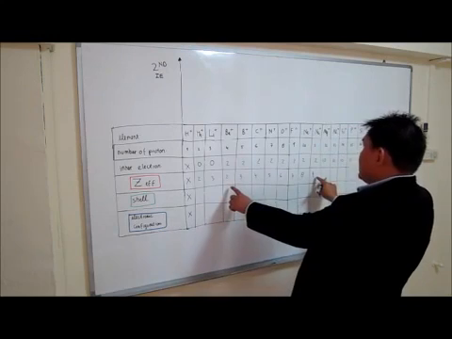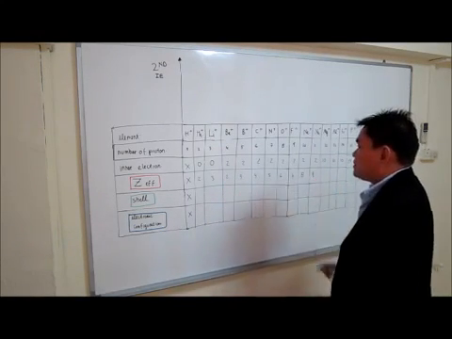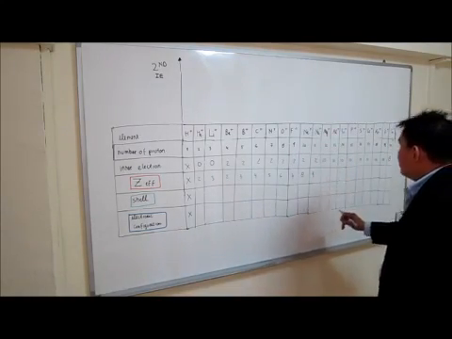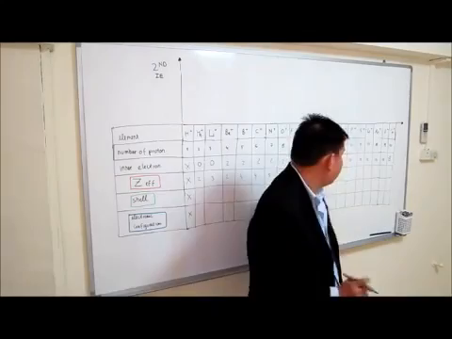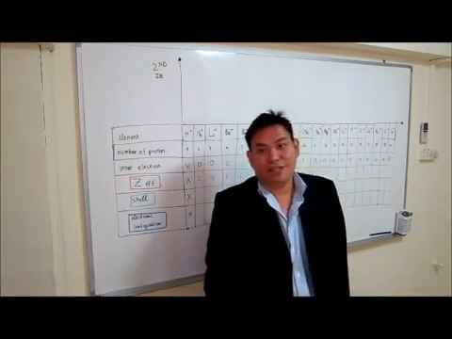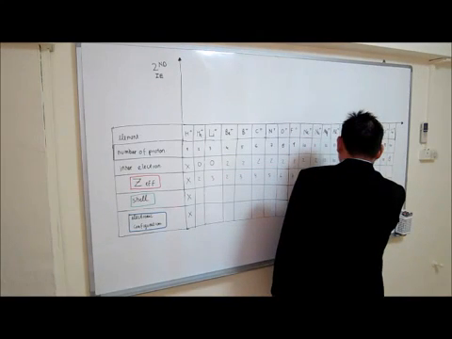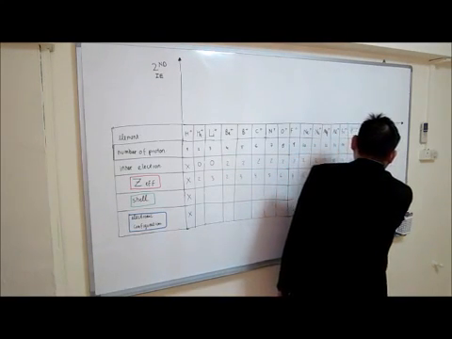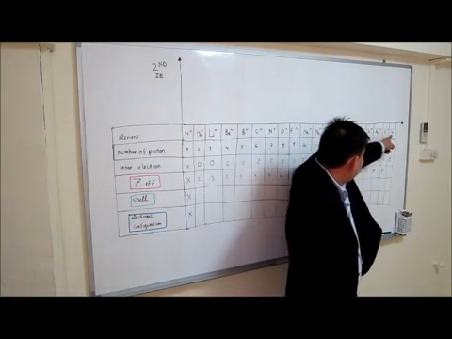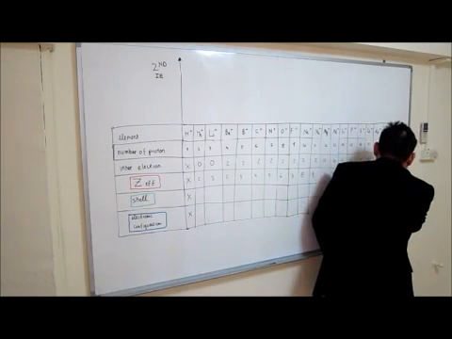So it will be increasing from Be+ to Na+. Similarly from Mg+ to K+, the effective nuclear charge will be increasing. So 2, 3, 4, 5, 6, 7, 8, 9. It will drop again. Ca+: 20 minus 18 is 2.